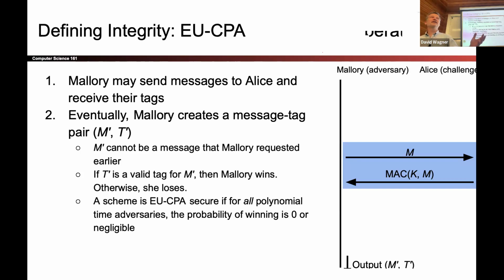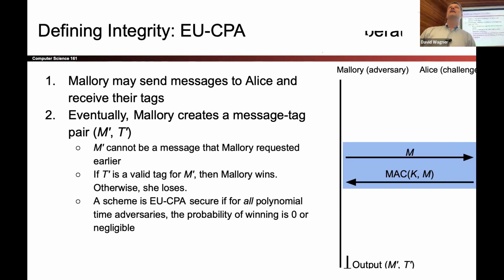So we imagine running this game. We imagine any algorithm you can think of for Mallory, the most sophisticated algorithm. No matter what algorithm Mallory uses, the probability she wins this game should be exponentially small, like 1 over 2 to the 128 or something like that. Tiny, tiny, tiny.